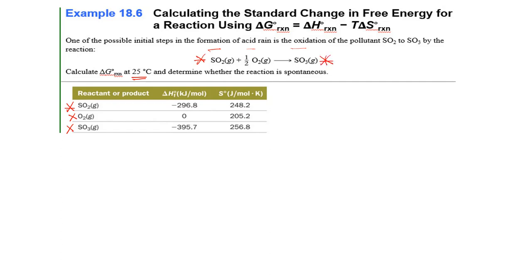For an equation like that one, the first thing you need to know is that the change in enthalpy of this reaction is given by the sum of all the enthalpies of products minus the sum of all the enthalpies of reactants. So always products minus reactants.